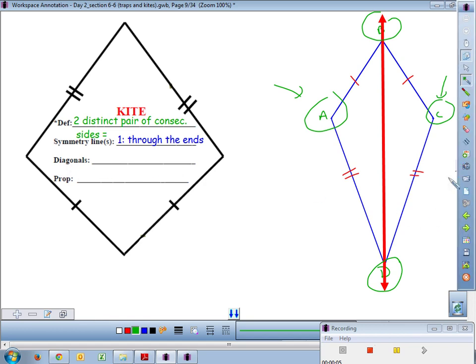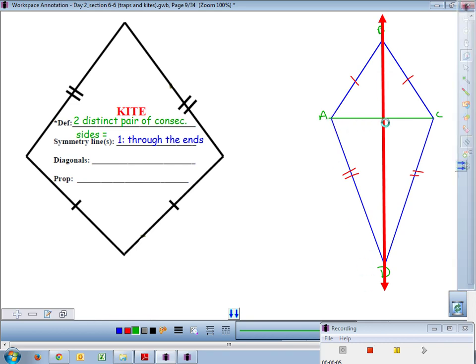When it comes to the diagonals, here I will draw the diagonals in. As you can see, I already had one in that red segment right here, but here's the other diagonal. Pretty much looks like they intersect at a 90-degree angle, so they are perpendicular to each other.